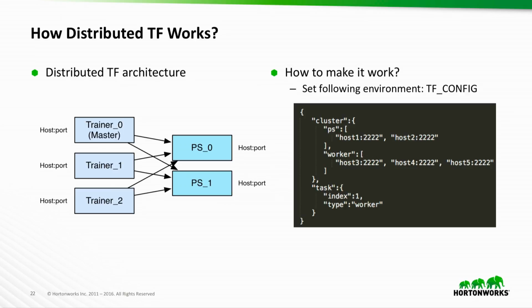To make it work, TensorFlow provides one solution, which is to construct a TF_CONFIG environment variable. Inside that, first is a cluster spec, which mentions all the endpoints of parameter servers and workers. Also, for each task, the one who launches the job needs to specify the task index and type. So once the task gets launched, it can say, hey, I am index 1's worker, and this is my peers' endpoint.